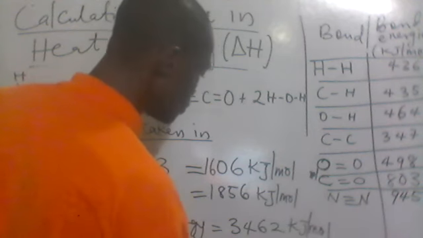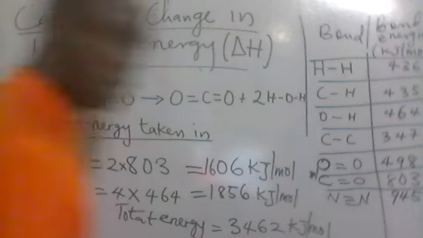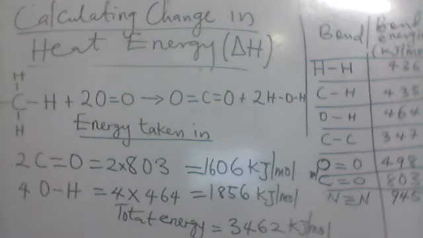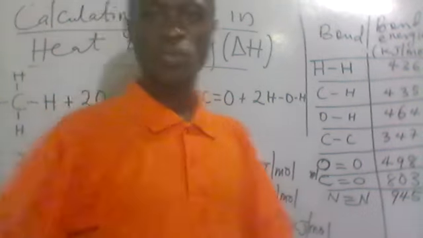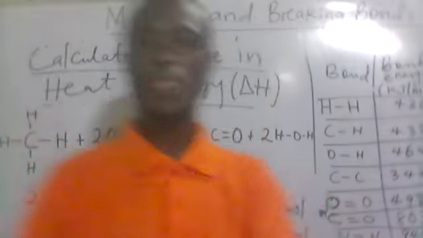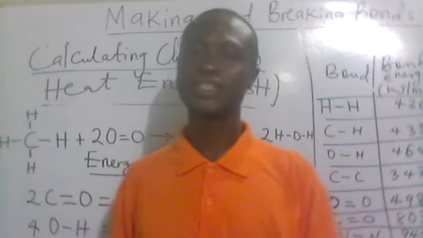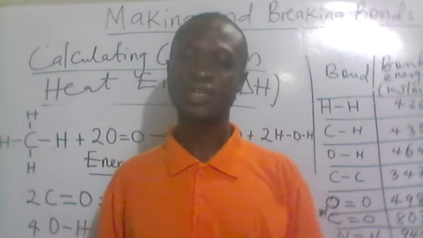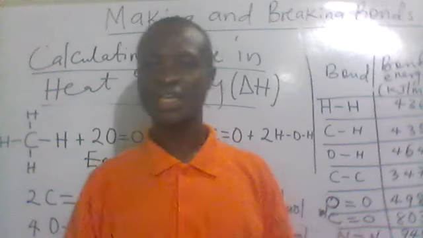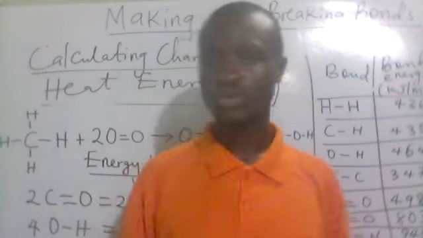So our total energy is 3462. Now we have been able to calculate the total energy taken in and the total energy given out.